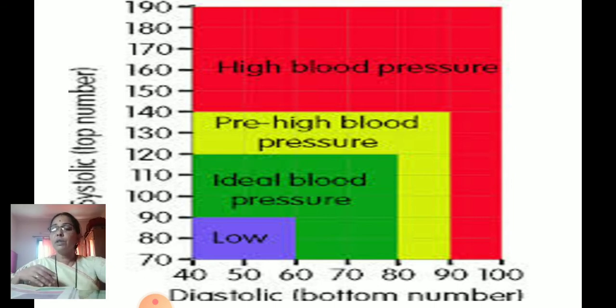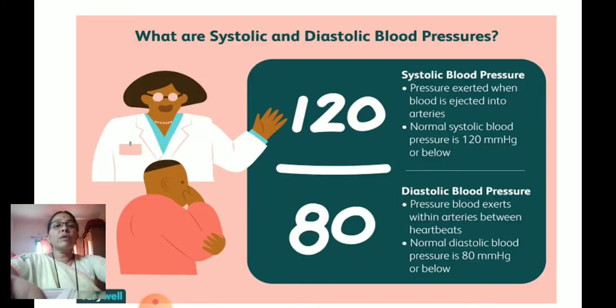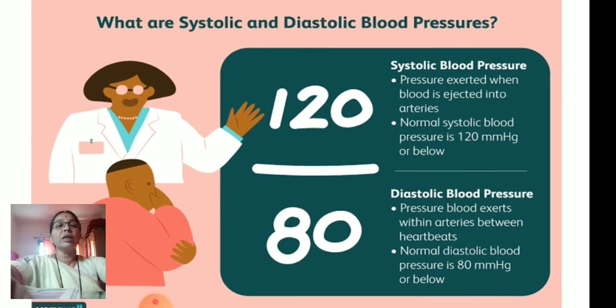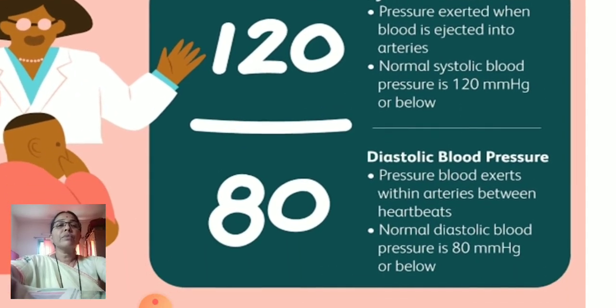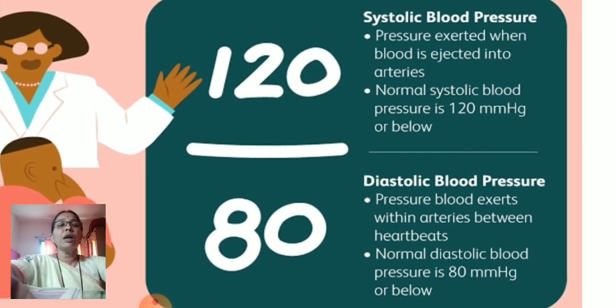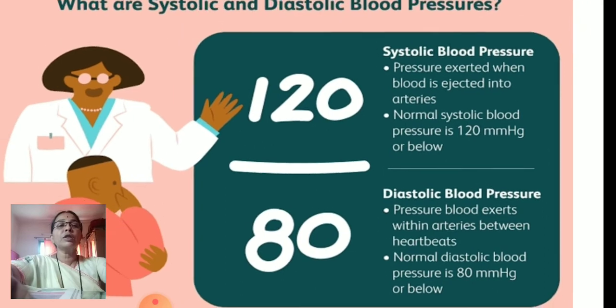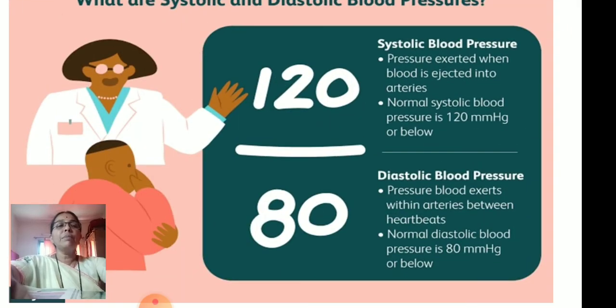This is measured with the help of a device. Here you could see what systolic pressure and diastolic pressure are. What is systolic pressure? The pressure exerted when the blood is ejected into the arteries. Normal systolic pressure is 120 millimeter Hg, that is mercury. Mercury is there in a thermometer also, and in this device also.